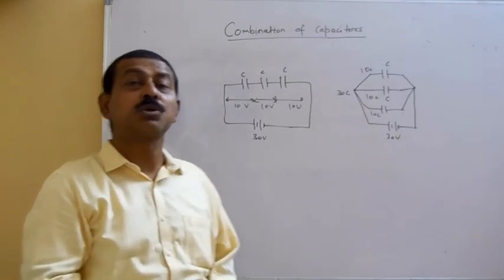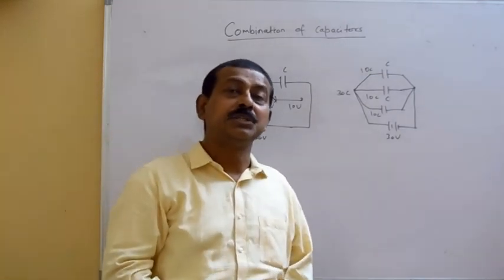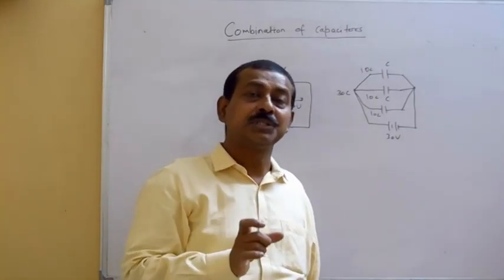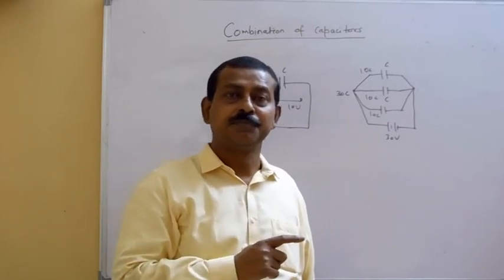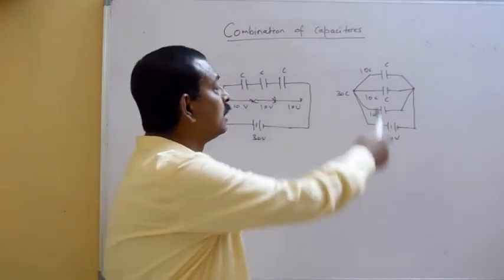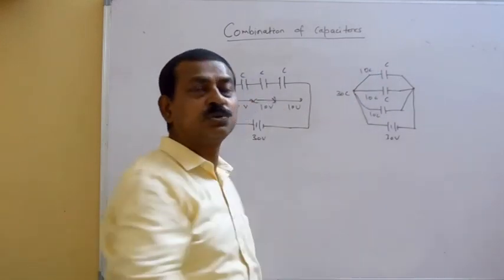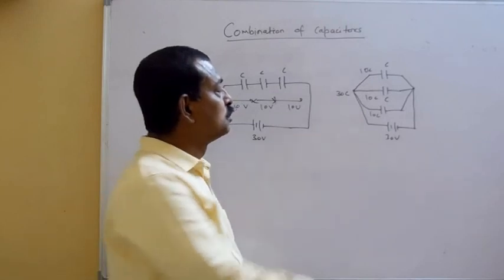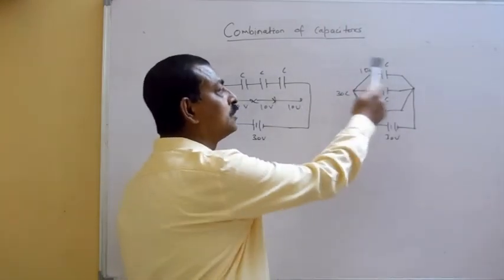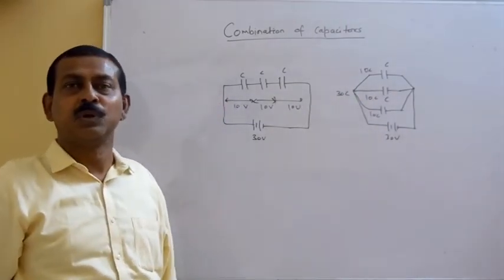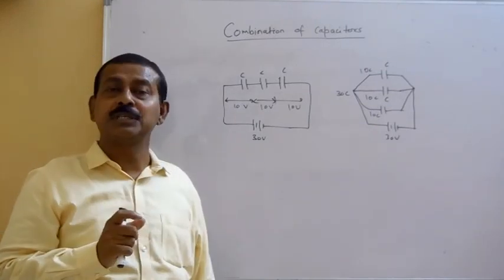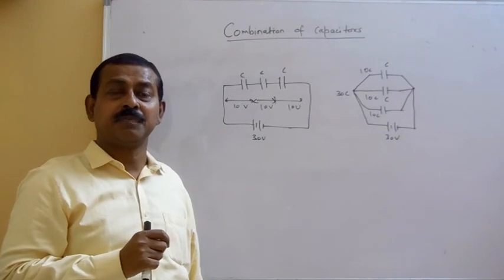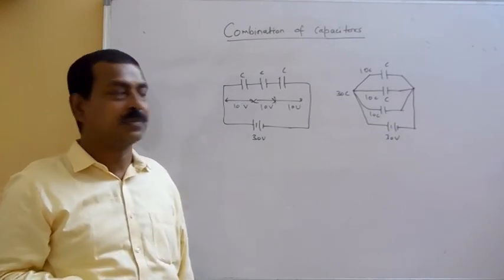Now, if you use your concept that if the charge through all the capacitors are same, then they are in series. So here we have the same value of the charge through the capacitors. So with that, it should be in series. We say that if the potential difference across the capacitors are same, then they are in parallel.